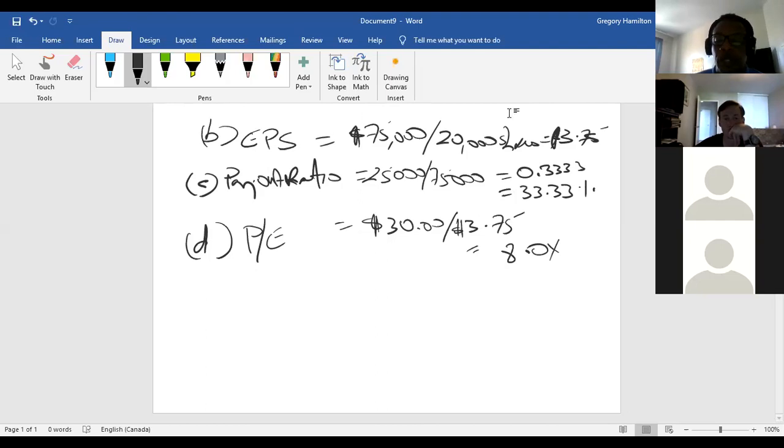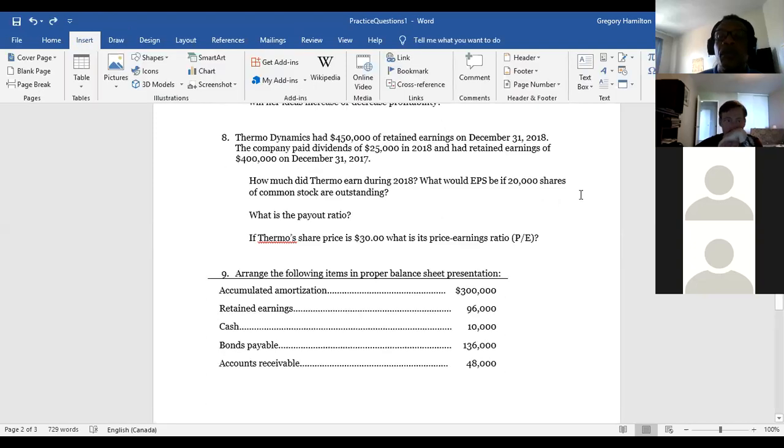We're given some numbers and we're asked to put them into a balance sheet.